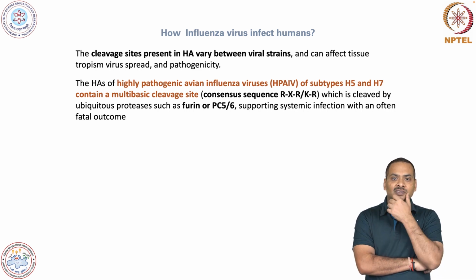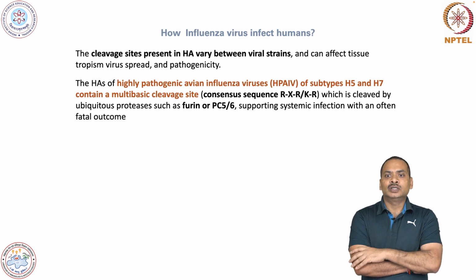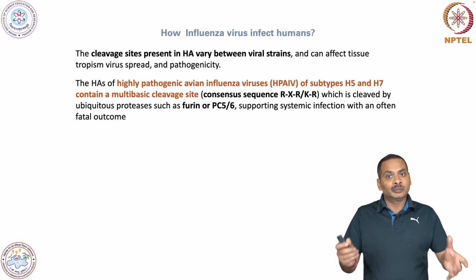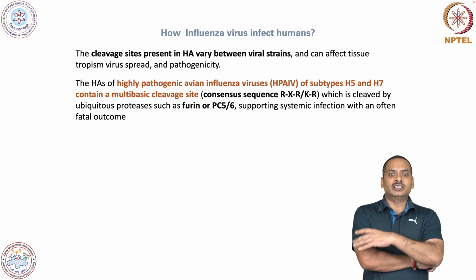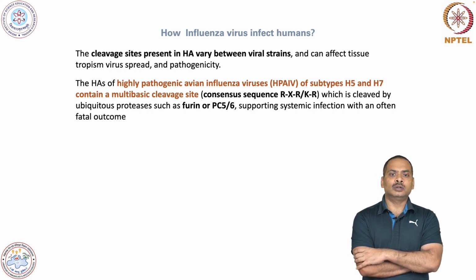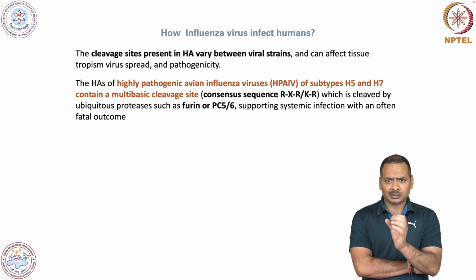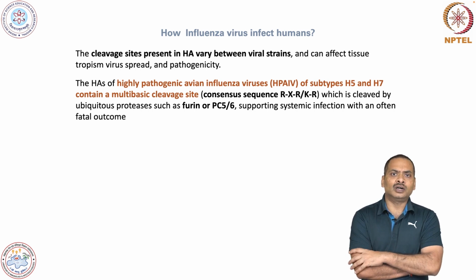The consensus sequence here is RXR/KR, which is cleaved by ubiquitous proteases present in body fluid, like furin and PC5/6, supporting systemic infection with an often fatal outcome.